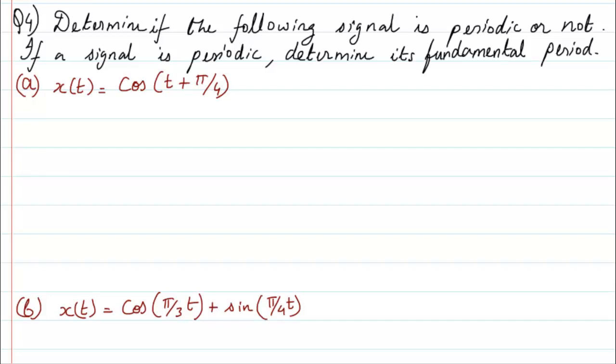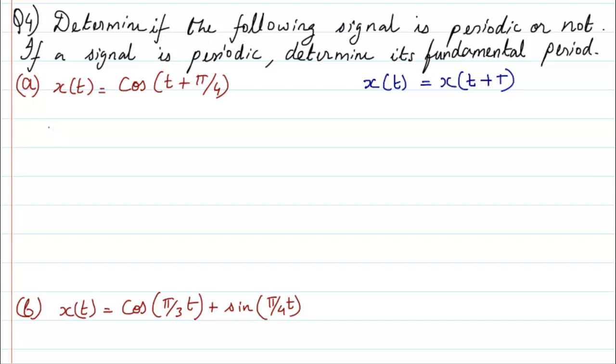Now we all know that the basic condition for periodicity is, if there is a signal x of t, then for a period of capital T it should be equal to x of t plus capital T. So we will use this formula here, wherein x of t is already given.